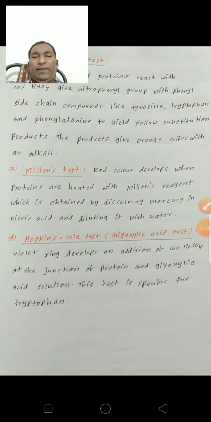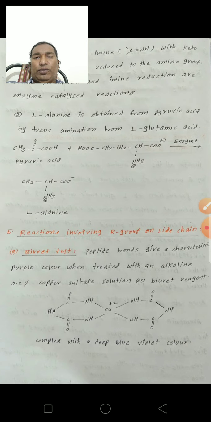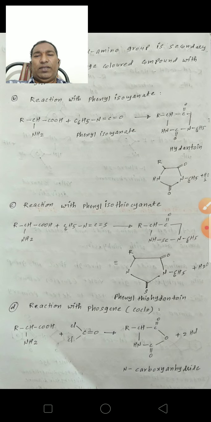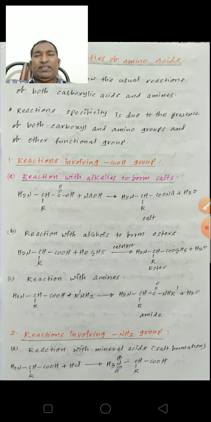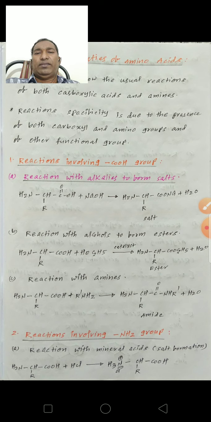Okay, these are the reactions involving the different groups of amino acids. Amino acids contain a COOH functional group, an NH2 functional group, a side chain alkyl R group and a CH group.